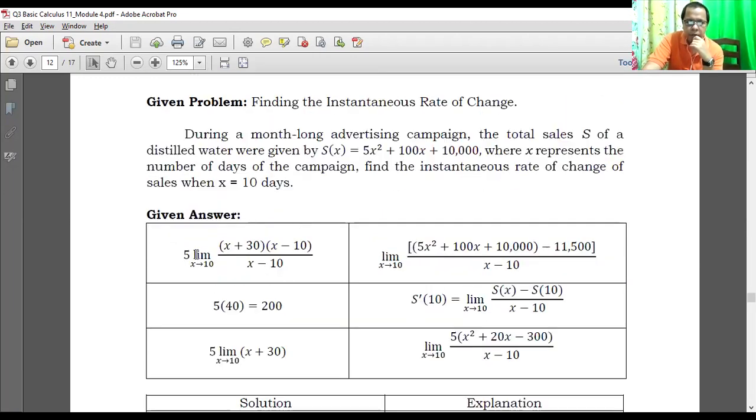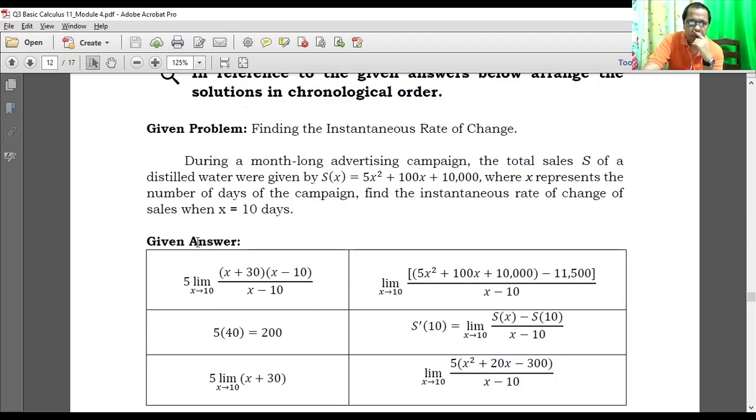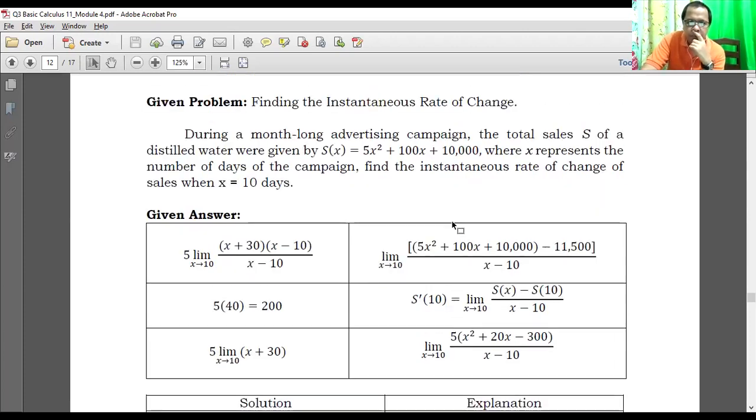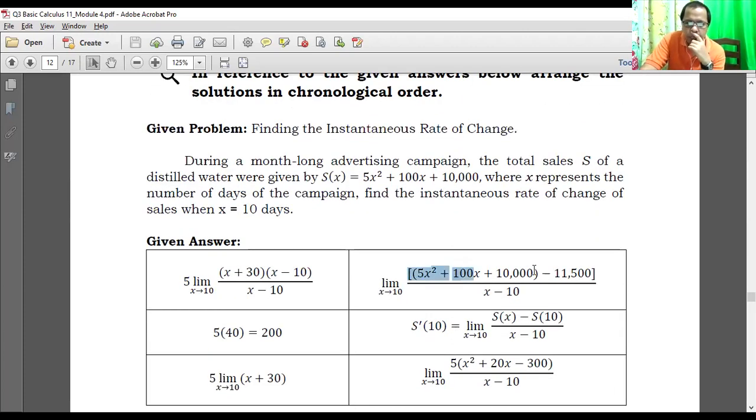Okay, so una siya, no? I-substitute na niya. And then, so at first gi-factor ni, gi-factor ba niya? O tama, gi-factor niya no? Dili dai, diretso na niya. Okay. Mao ni siya ang katong equation no?